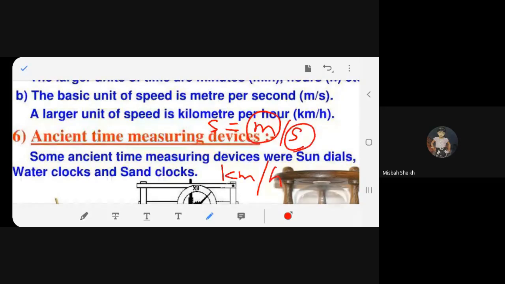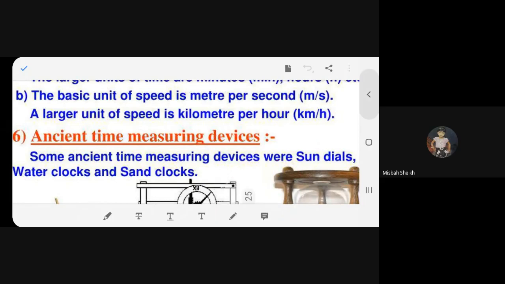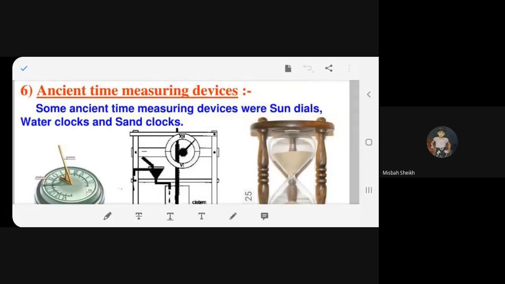The larger unit of distance is kilometer. The larger unit of time is hour. So this is how we have to relate. All of you understood better regarding speed?